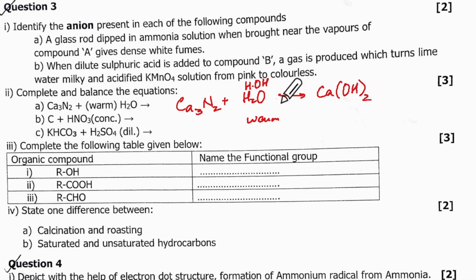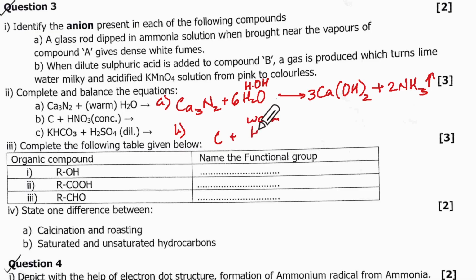How many Cas are there? 3. How many OH's has it used? 6. So there are 6 of these. So 6 H and 2 N means 2NH3.